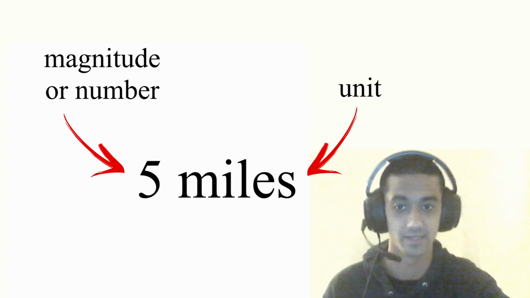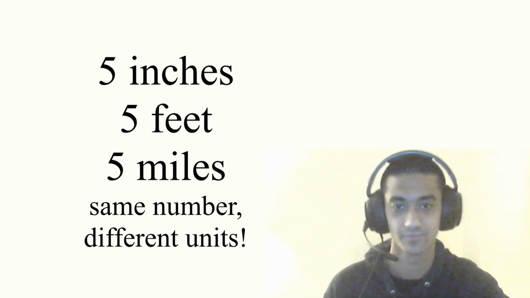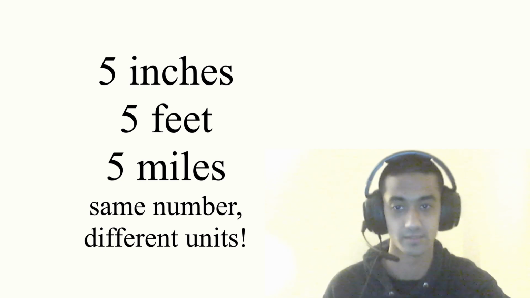The unit that is associated with the number changes the interpretation of the quantity that is being measured. For example, 5 inches, 5 feet, and 5 miles are all very different distances because of the units that are associated with each numerical quantity.